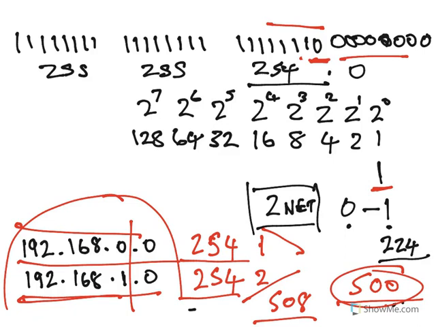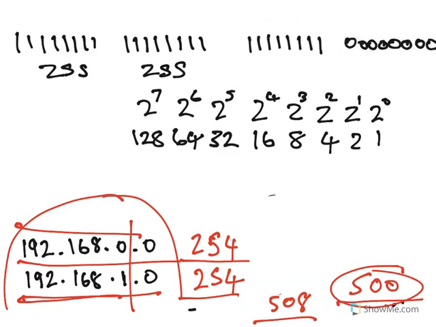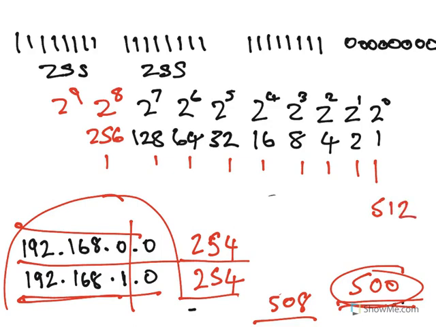If we want to get to 500, we need an additional bit up here. I'm going to put 2 bits in, but we only really need 1. So this is 256. To get to 500, I need 1, 2, 3, 4, 5, 6, 7, 8, 9, and that takes me to 512, which is plenty enough for the 500 hosts that we need.